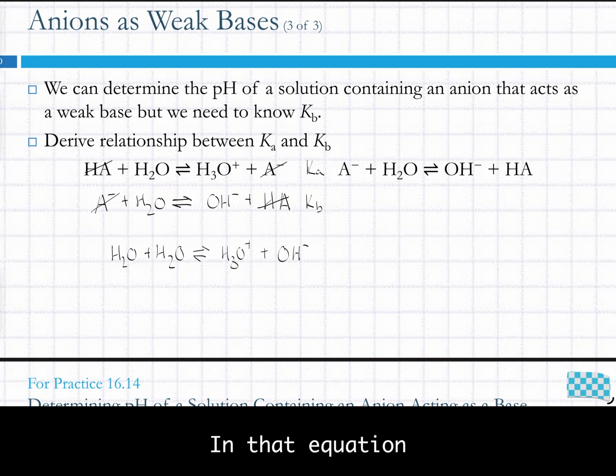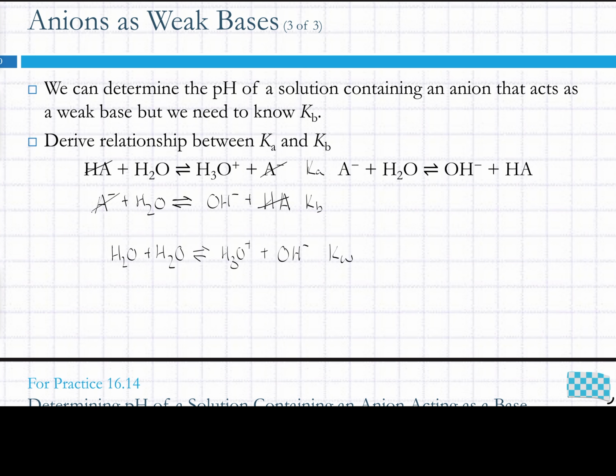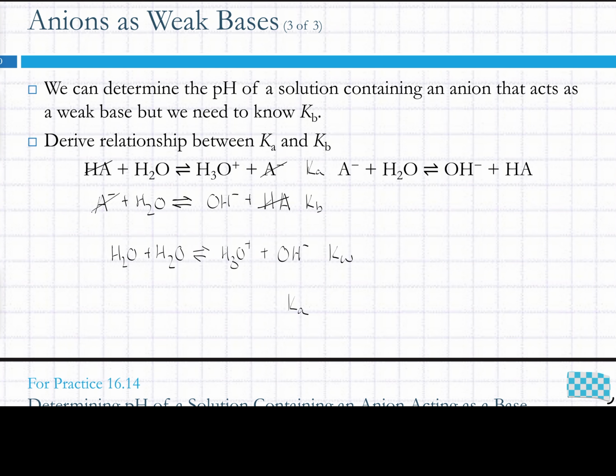That equation is the autoionization of water, which has its own equilibrium constant, Kw. So if I want to calculate Kw from a Ka and a Kb, it would be Ka times Kb equals Kw.